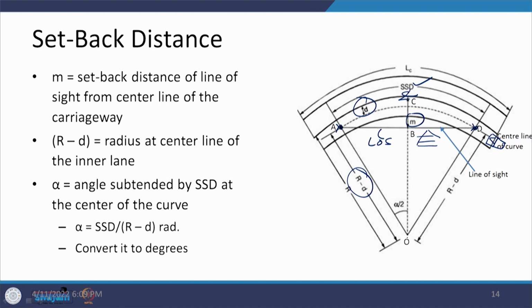And at the center of the curve, because of this SSD, the angle which is going to be caused is alpha, and because of the symmetry we have alpha by 2 and alpha by 2, and this alpha is nothing but the distance travelled, SSD, with respect to the radius R minus d. So, we will have the radian value as alpha, which is to be converted in degrees when we are going to calculate the cosine or sine values, etc.